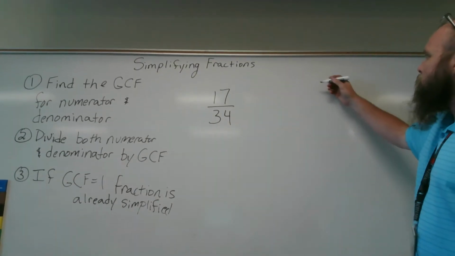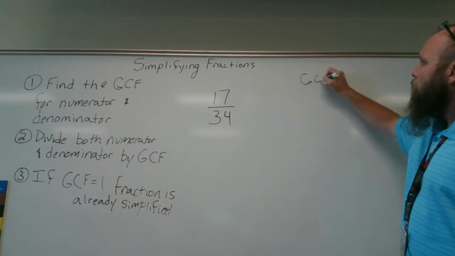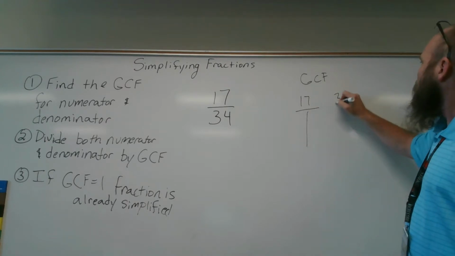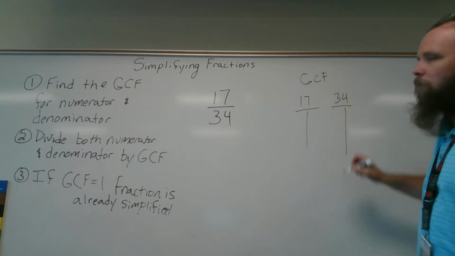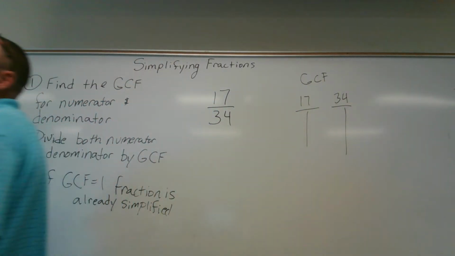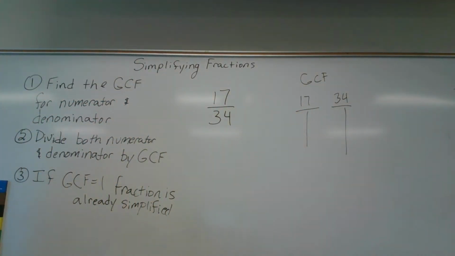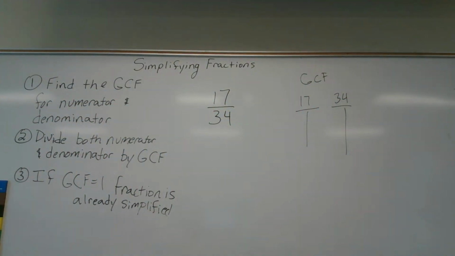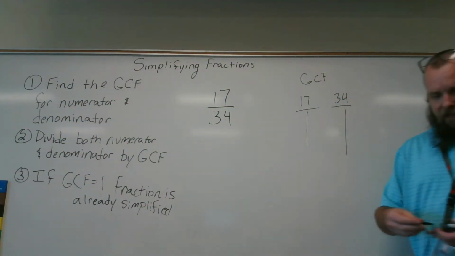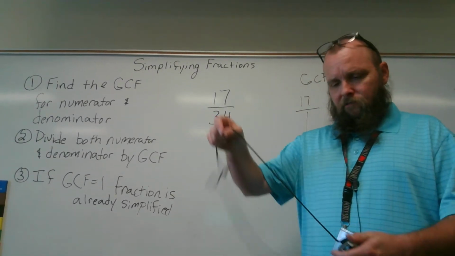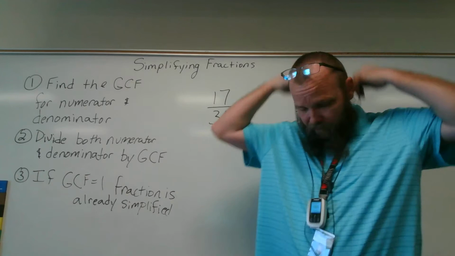Step 1 tells us to find the greatest common factor of the numerator and the denominator. Our divisibility rules are very handy in this case, as is our prime number chart. We know because we look at our prime number chart that 17 is prime.